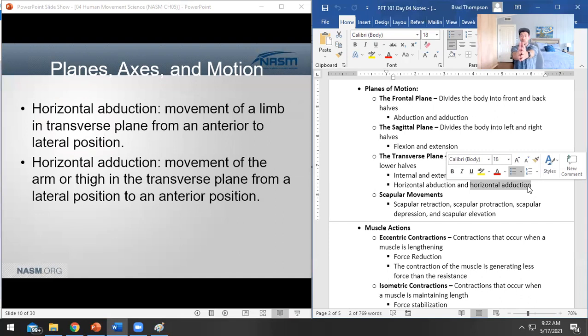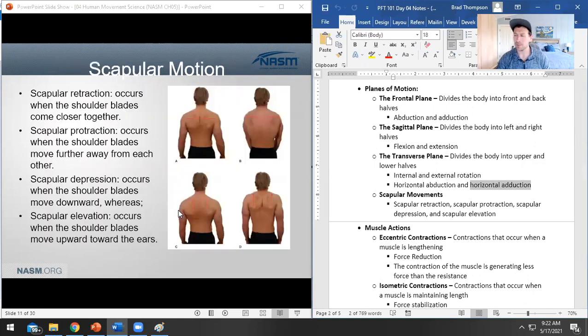Away from my midline would be horizontal abduction, and moving towards my midline would be horizontal adduction. That only occurs in your shoulder joint. Your shoulder joint is so mobile that it gets its own special terms. But they are still transverse plane movements. If something divided me into an upper and lower half, I'd be moving transverse along it. And then there are some special scapular movements as well.